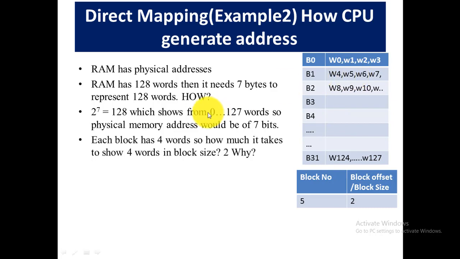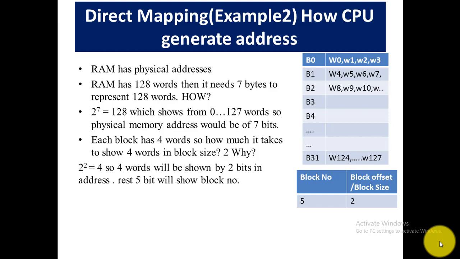So the block offset shows the content of the block. Each block has 4 words. So how many bits does it take to show 4 words in the block? 2. Why? Because 2 raised to power 2 is equal to 4. So 4 words will be shown by 2 bits in the address.